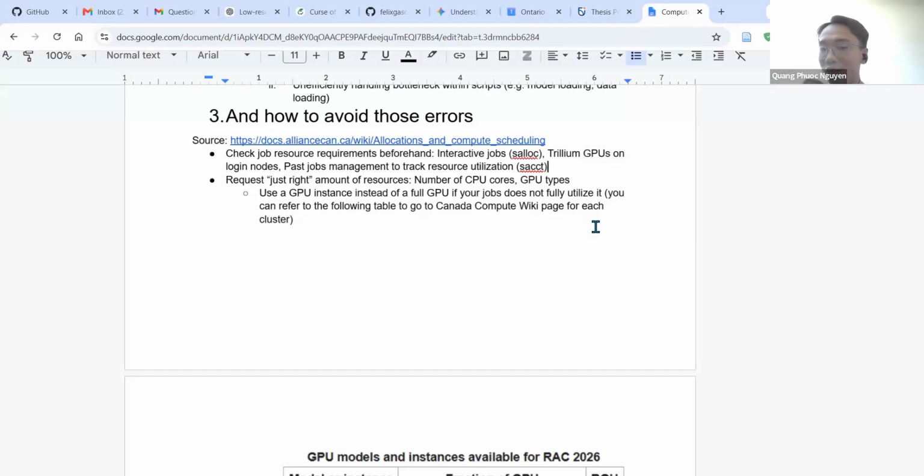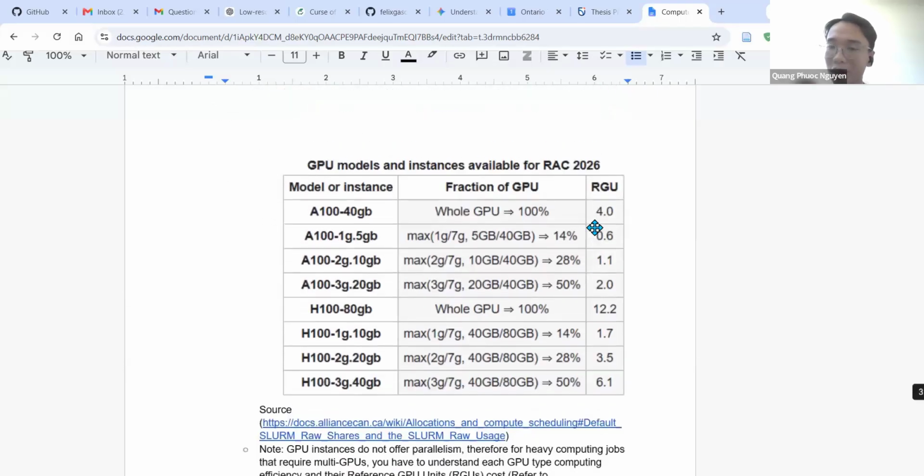So in case you don't need to use the whole GPU node, you can try to request just an instance of the GPU. For example, an A100 GPU allows you to request just a smaller instance of it, like only 1g.5gb, which means that we are only using 1/7 of the GPU computing performance, and also 5 GB of video RAM.